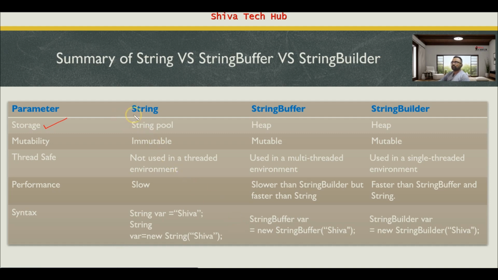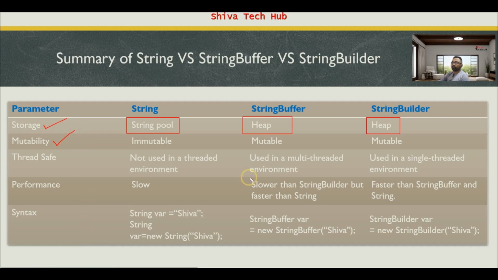The same thing is shown here. Whenever you declare or initialize a string using the String class, it will directly go to the string pool and be stored there. Whereas whenever you create a string using StringBuffer or StringBuilder, it will directly go to the heap memory location.